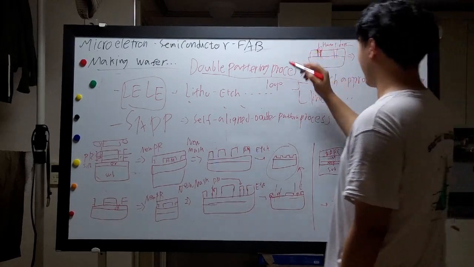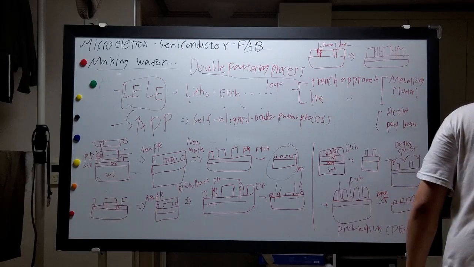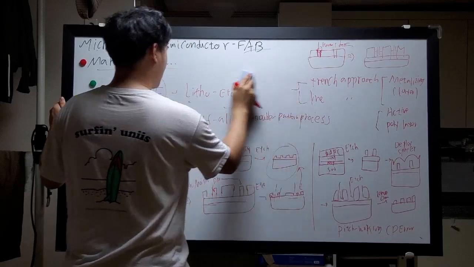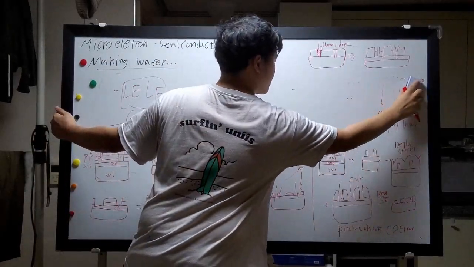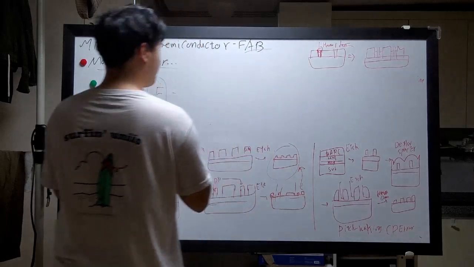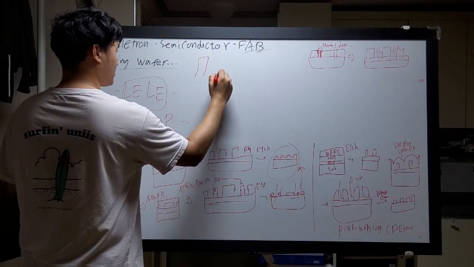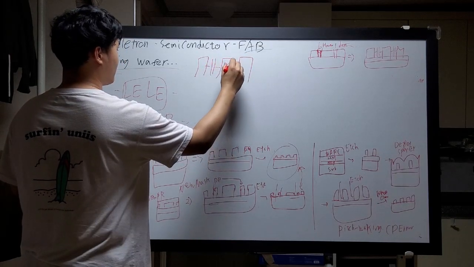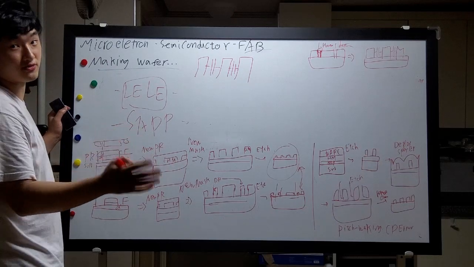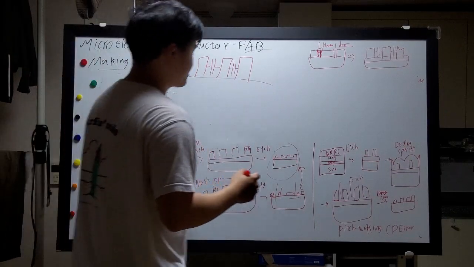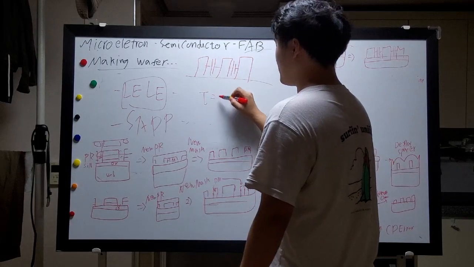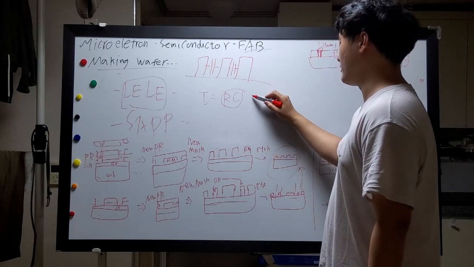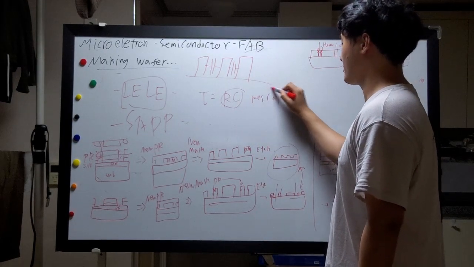For this moment, this looks like a capacitor structure, right? We know the time constant can be expressed as RC, resistance and capacitance.